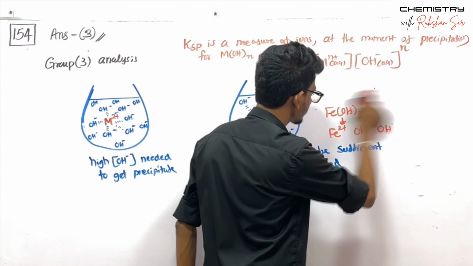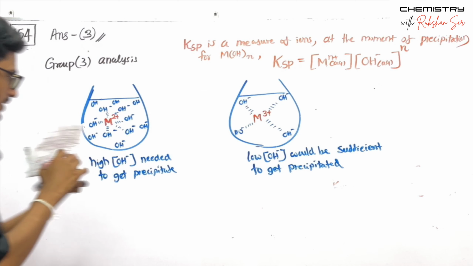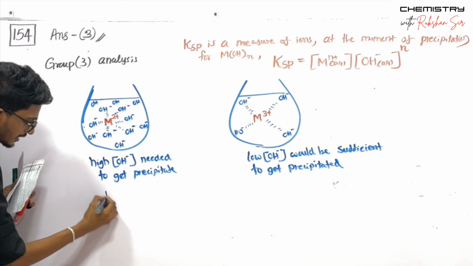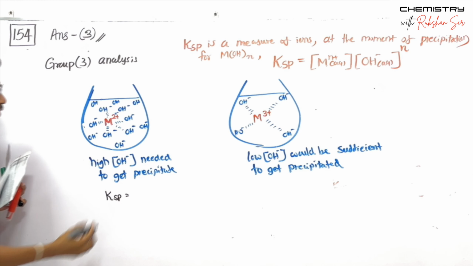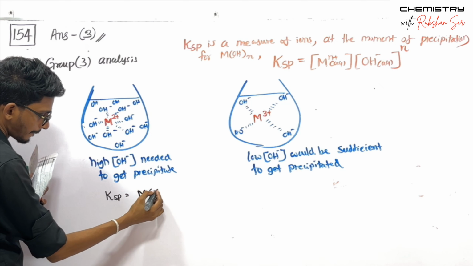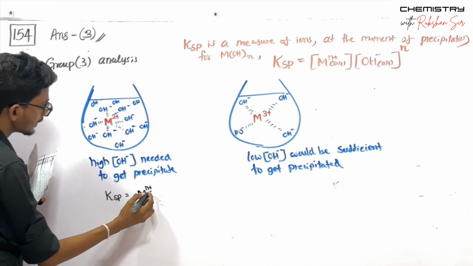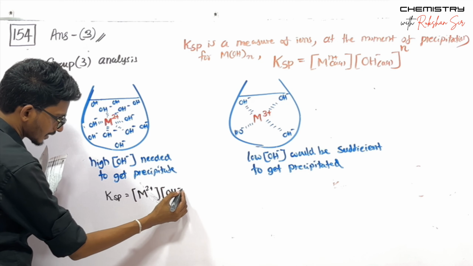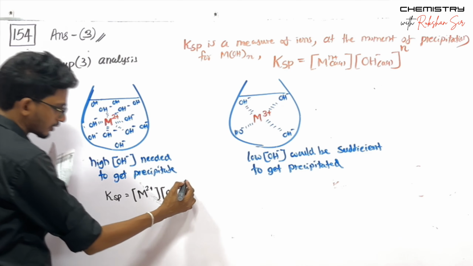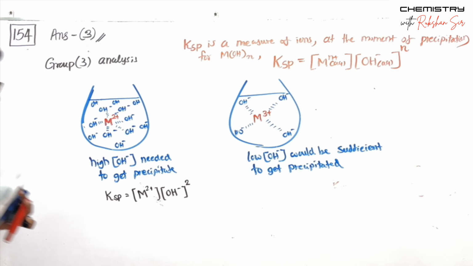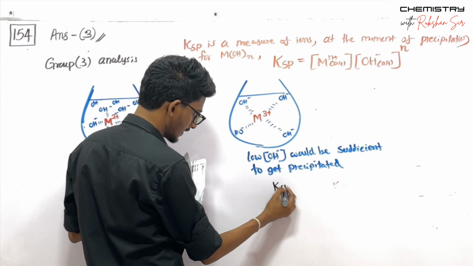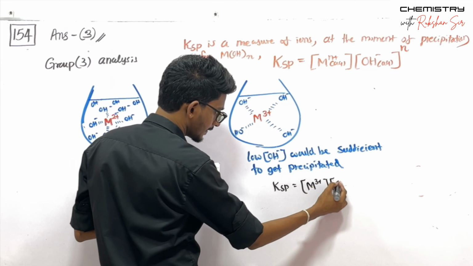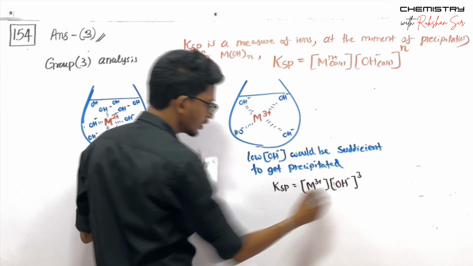Okay, so if you apply the KSP here, we can write KSP equal to M2 plus times OH minus squared. In the other case, KSP is equal to M3 plus times OH minus cubed.